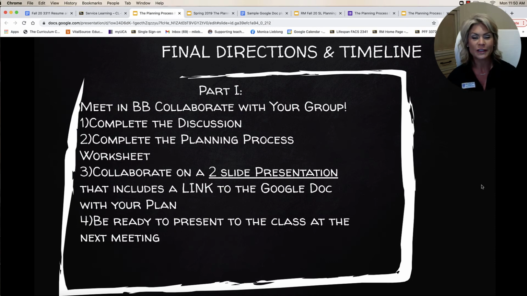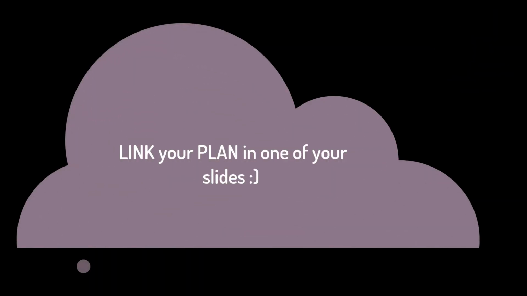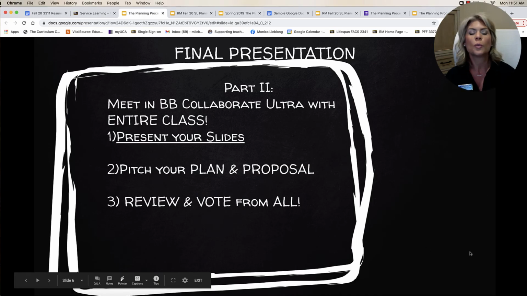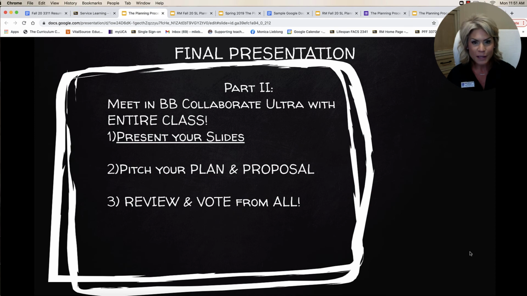That's your goal. And then on your presentation day, you and your group members will have the stage and you'll be able to present your plan using your 2 slides. Make sure you link your plan in at least one of your slides. Oh, part 2. You'll present your slides, pitch your plan and proposal.